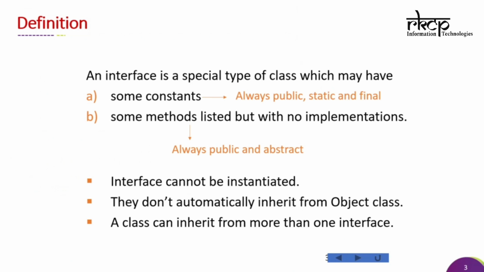However, in the case of inheritance, a class cannot be a child of two classes, meaning Java classes never support multiple inheritance, so a class cannot have two parents, two superclasses. However, two interfaces you can use.